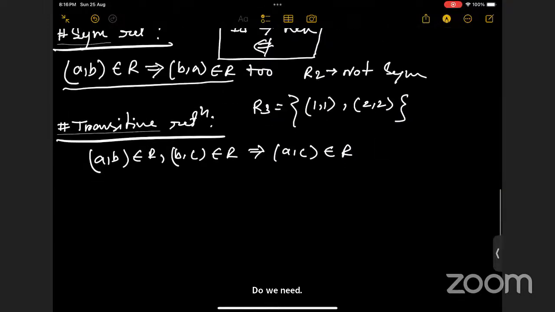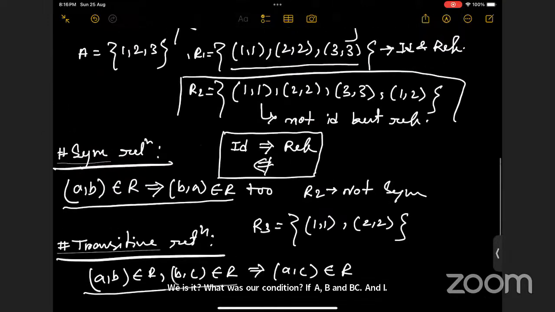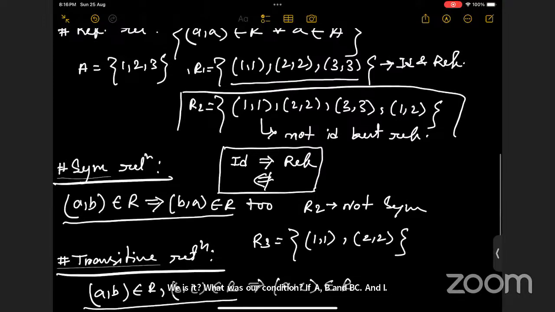What was our condition? If (A, B) and (B, C) are in R, then we need to check for (A, C), right? So here we have (1, 2), which is AB. Again, we have (2, 2), which is BC. So what is our AC? It's again (1, 2), right? And (1, 2) belongs to R2, right?